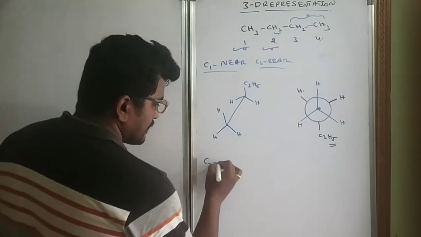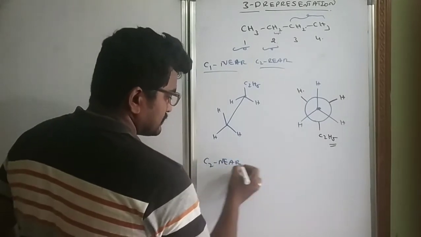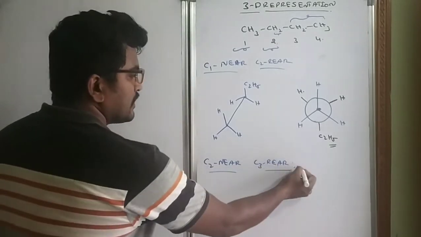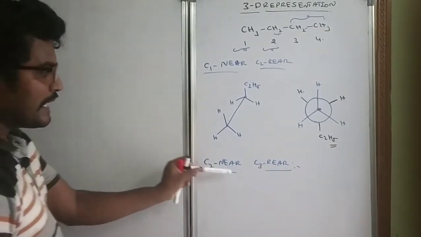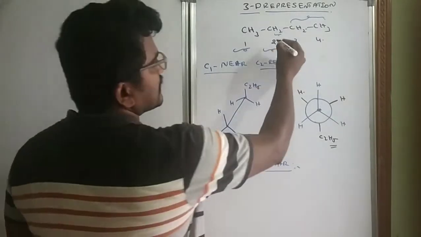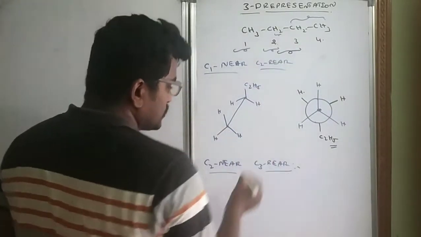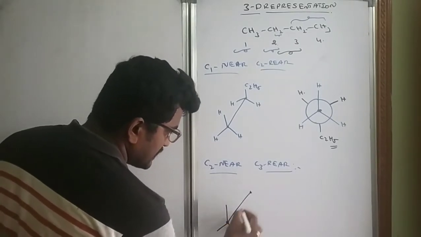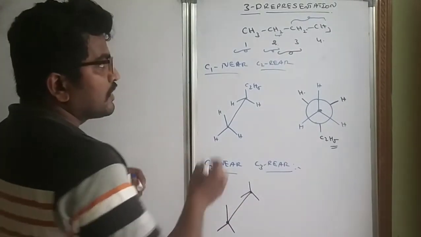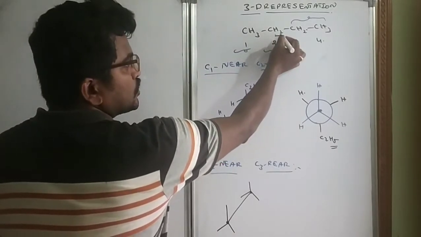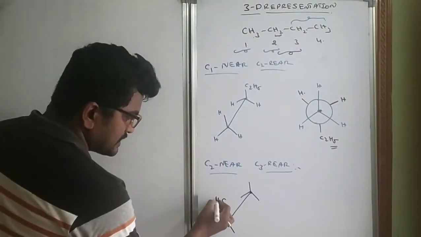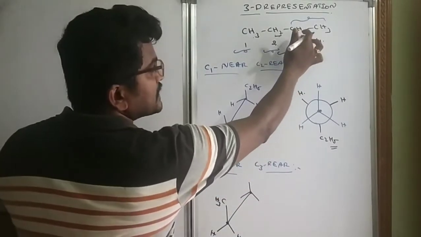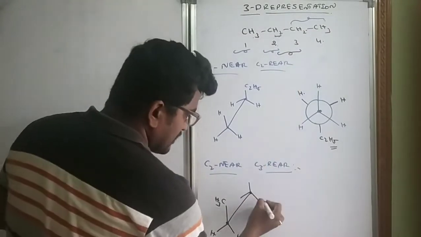Next, see, C2 is near and C3 is rear. Now let us see what to do. C2 and C3 means you have to consider these two now. This is C2, this is C3. What is present on the second carbon? 2 hydrogens and 1 methyl. So CH3, H and H. On the C3 carbon, 2 hydrogens and 1 methyl are there.